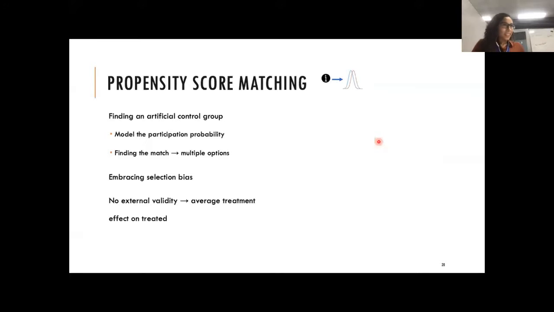The problem with this is that we have no external validity. It means that we can only estimate the treatment effect for those who were treated. We can't guarantee that the same effect would have happened to the general population, to other people who did not receive the treatment.